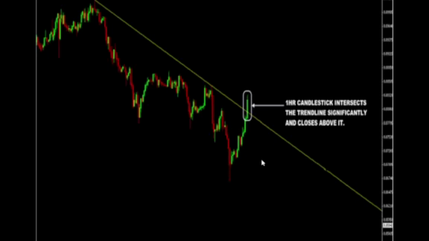Even though it has intersected the trend line and may close above or below it, there is now a greater possibility that the price will continue to obey the existing trend lines. You would need additional confirmation, and the best way is to use a reversal candlestick, more on that later.